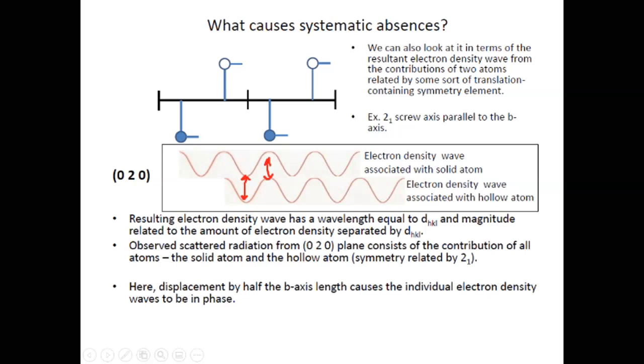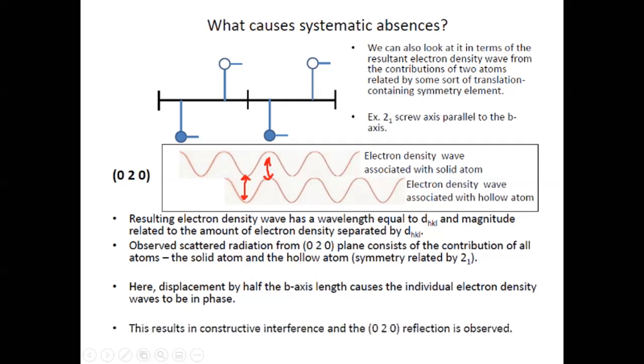Since this is a 0, 2, 0, displacement about half the B axis length causes the individual electron density waves to be in phase. And so this results in constructive interference for the 0, 2, 0 reflection.